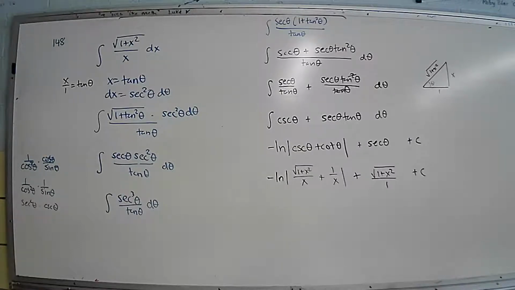But they are pretty similar. What's secant again? The natural log of secant plus tangent. Cosecant is the exact same except with the co, and it's negative, but that always happens.